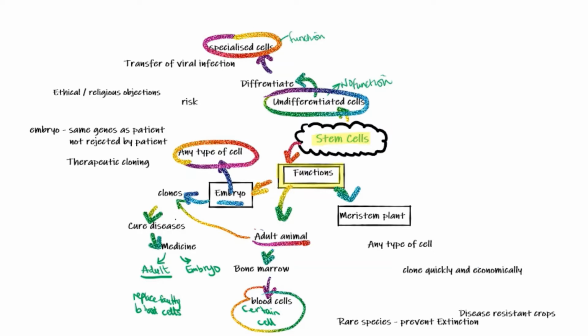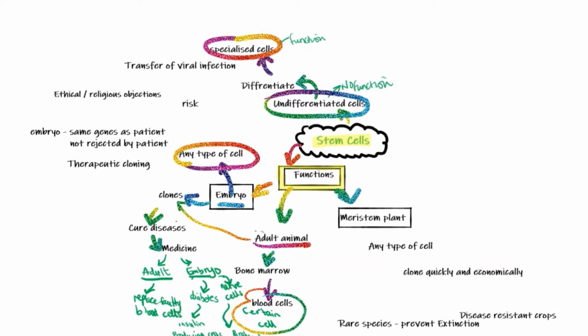Medicine uses adult stem cells transferred from the bone marrow of a healthy person to replace faulty blood cells in a patient who receives them. Embryonic stem cells can be used in people who suffer from diabetes by producing insulin-producing cells, or can be used to produce nerve cells for people who've been paralysed with spinal injuries.